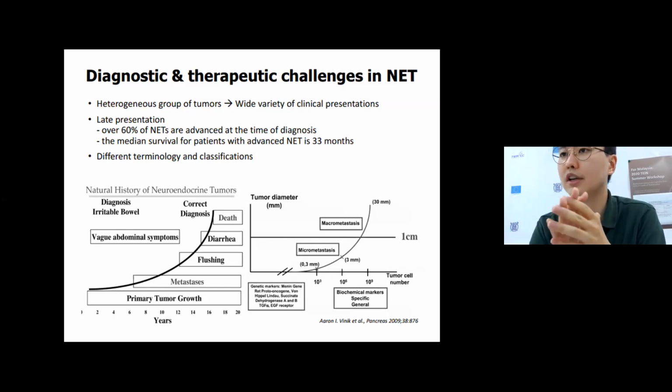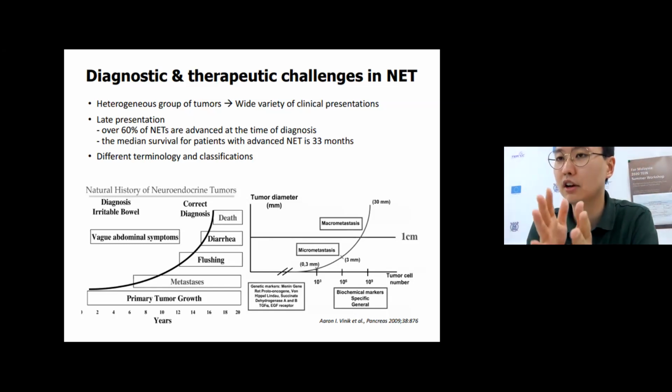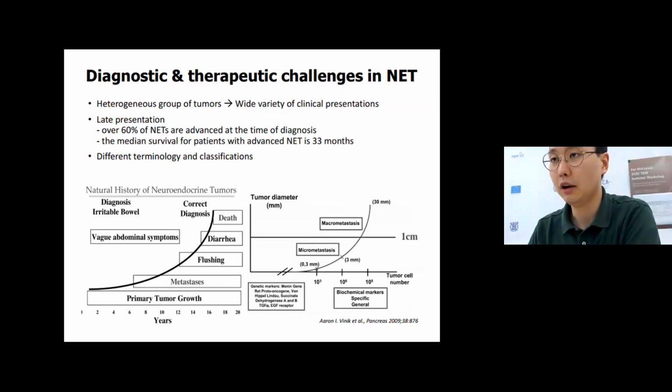Over 60% of neuroendocrine tumors are advanced at the time of diagnosis, and the median survival for patients with advanced neuroendocrine tumor is 33 months. And as it is a heterogeneous group, different terminology and classifications are used for these neuroendocrine tumors.